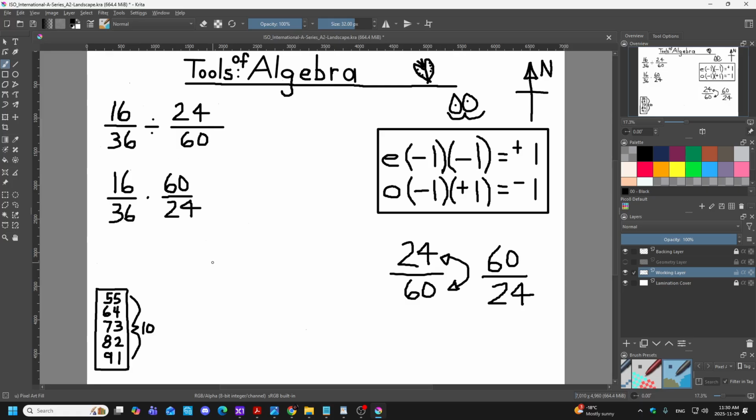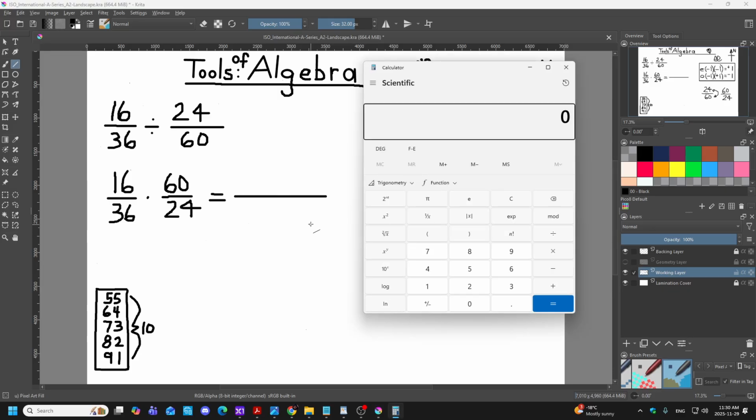Okay? Let's save us some work. Let me show you what you could end up with if you actually did the multiplication now. I'm going to show you a smarter way of working with fractions, because we're working with super large values.